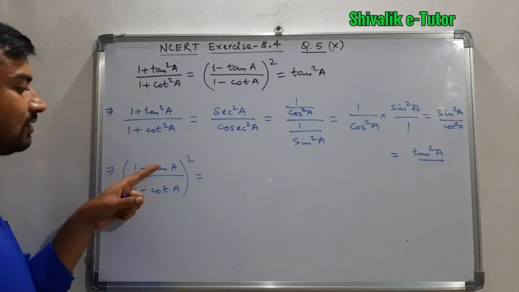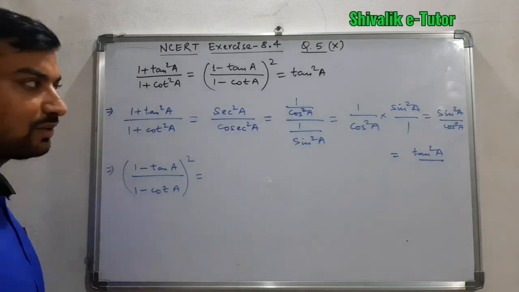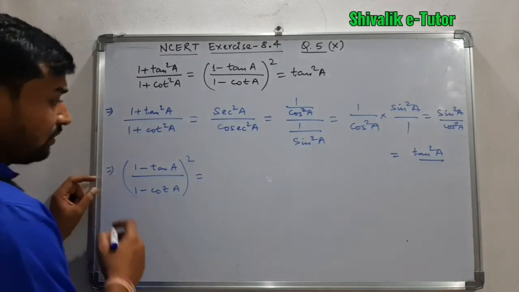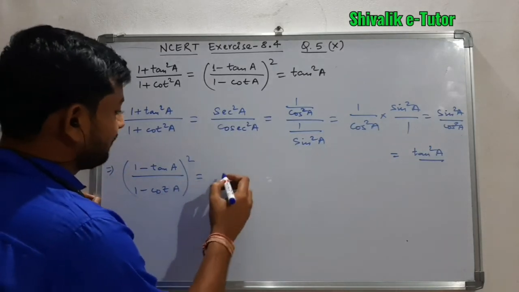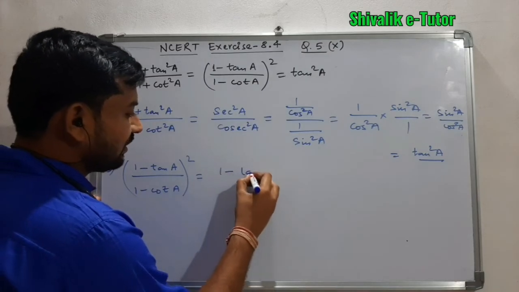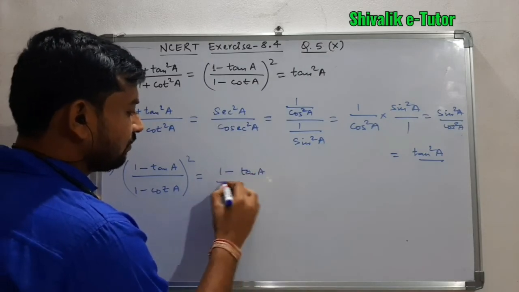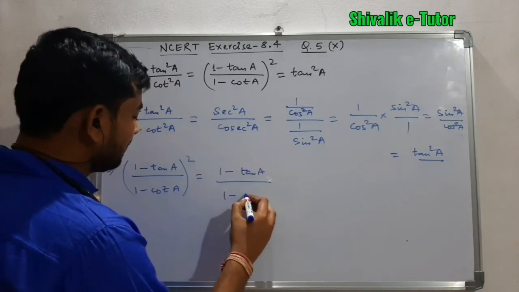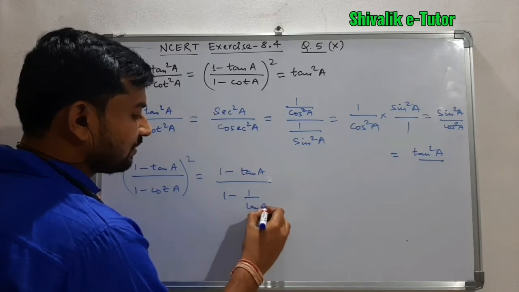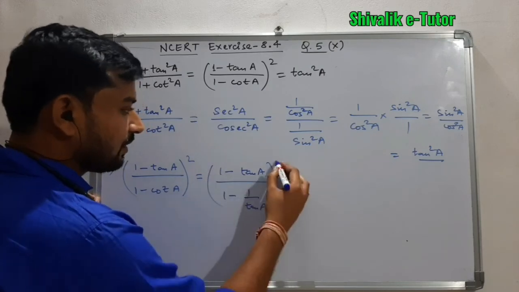Second method is convert this tan A and cot A into sin and cos. So let me take one by one. 1 minus tan A I am writing here upon the cot A can be written as 1 upon tan A whole square.